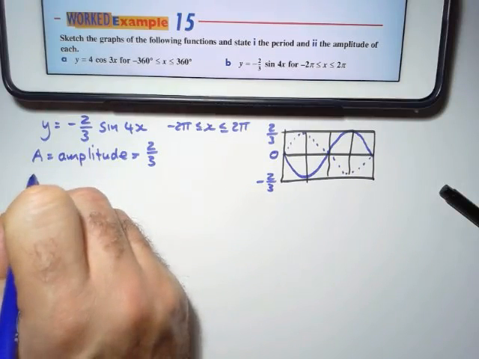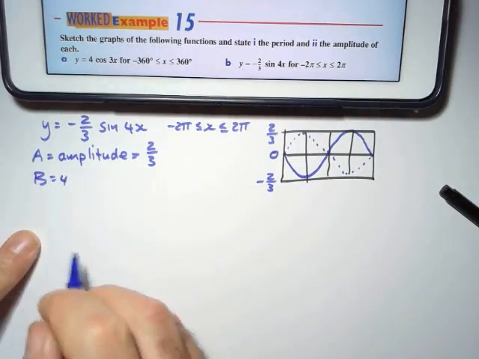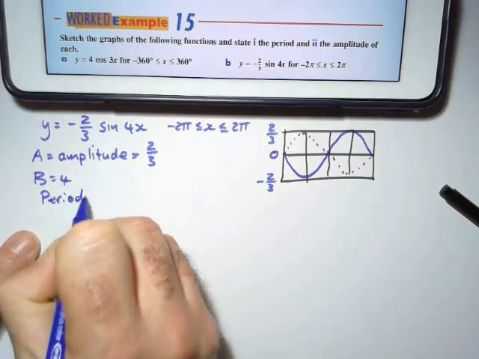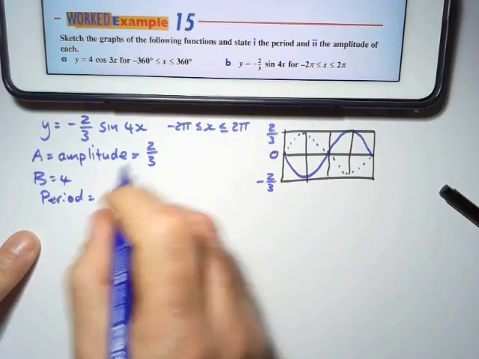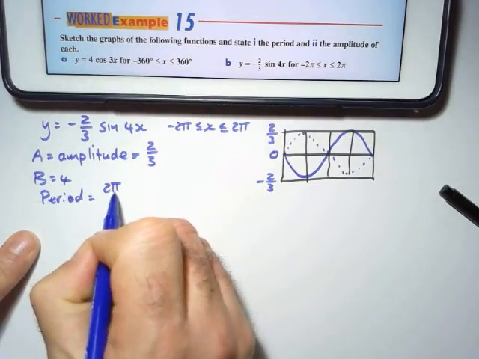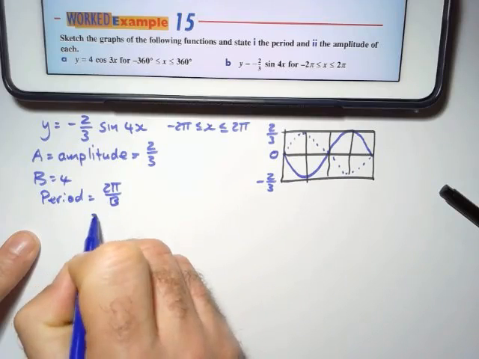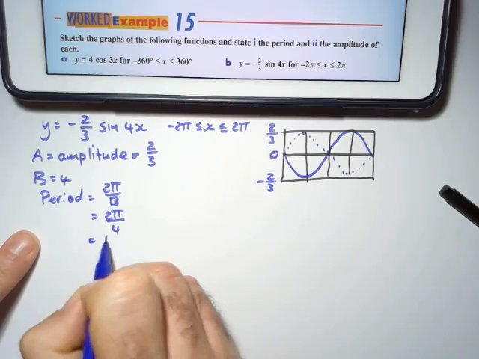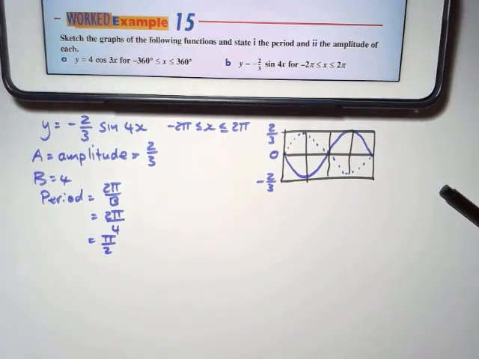Next is B. B equals 4, therefore the period equals 2 pi. Now I'm working in radians, so I'm going to say it's 2 pi over b. In other words, 2 pi over 4, which gives me pi over 2.